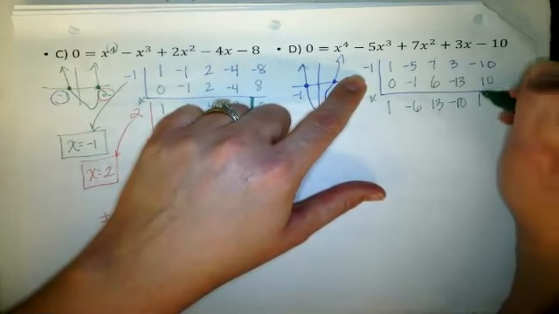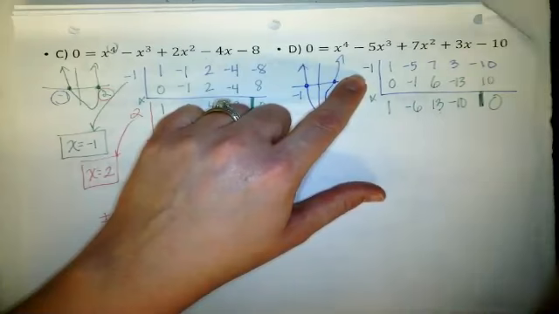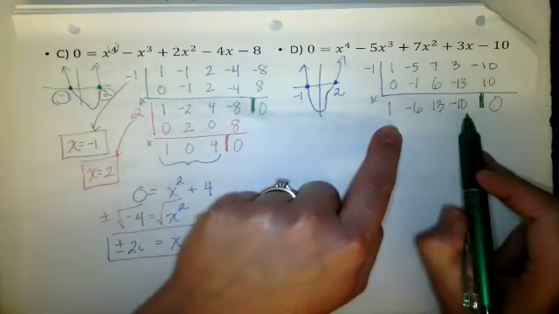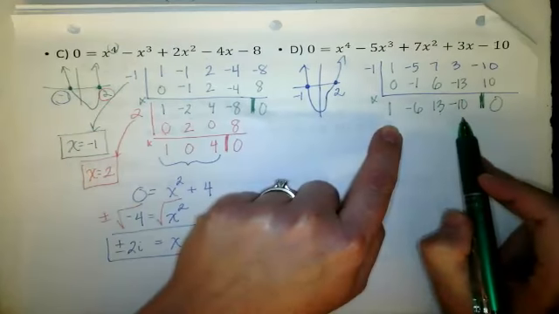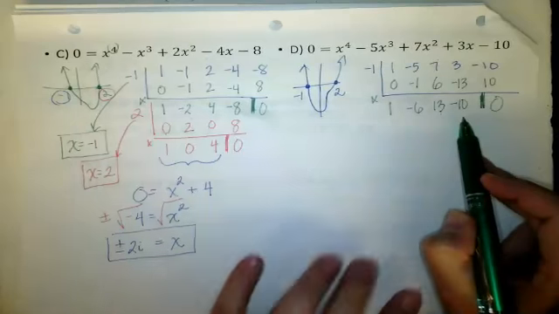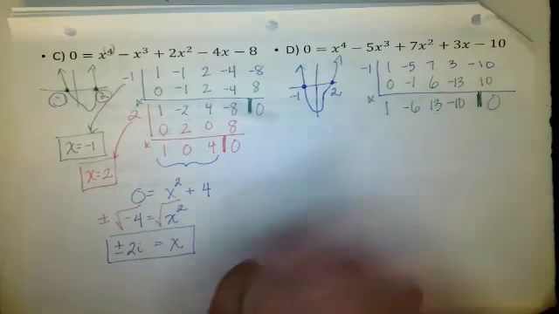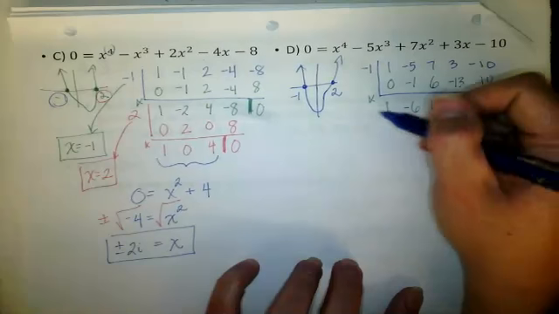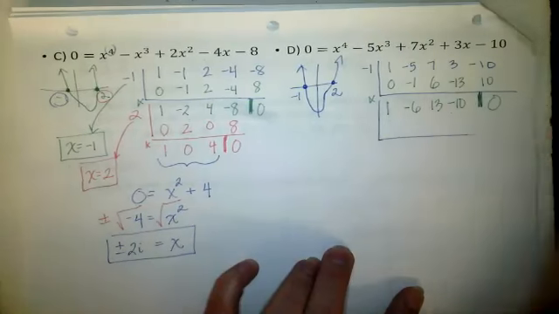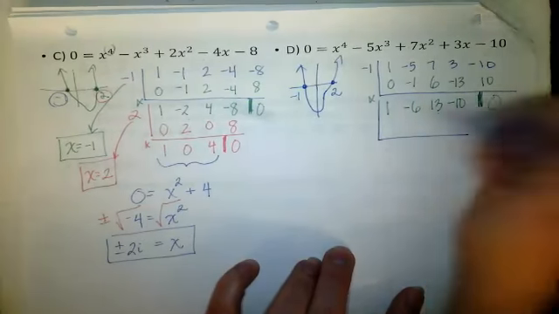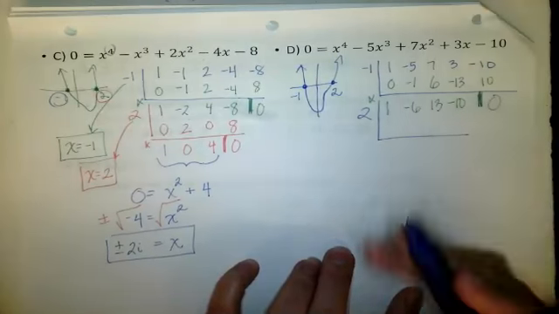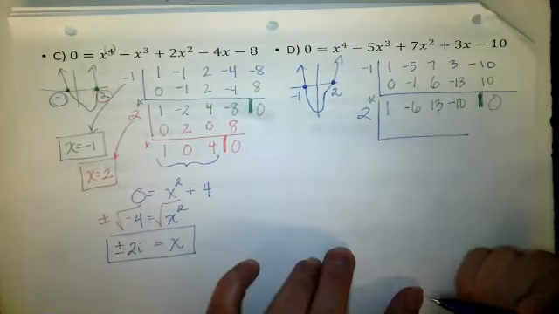Multiply. 10. Remainder. 0. Good. Ooh, this one, I definitely couldn't do factor by grouping. I could have done that here. Maybe that was my intention. But again, since I have another 0, I can do piggyback synthetic. So I'm going to use the other 0 on the outside there.